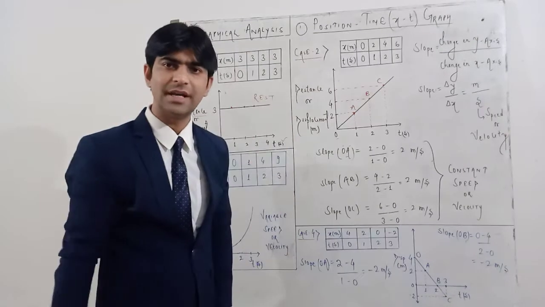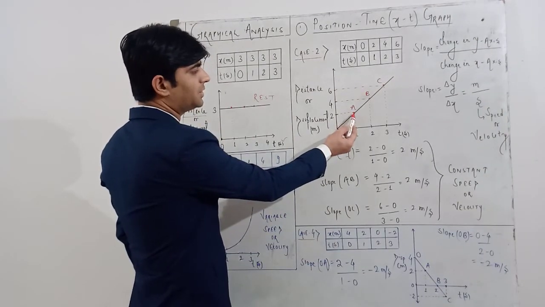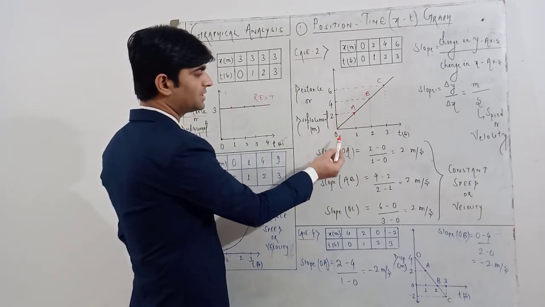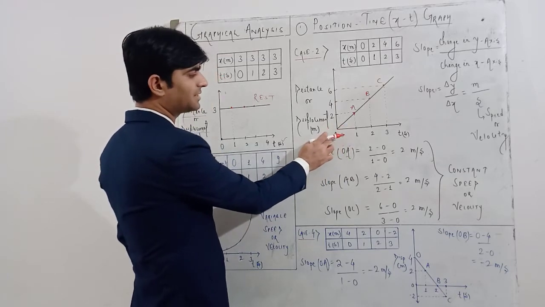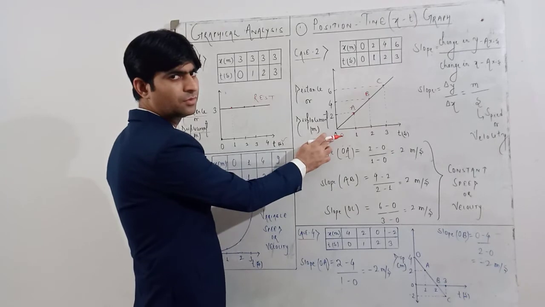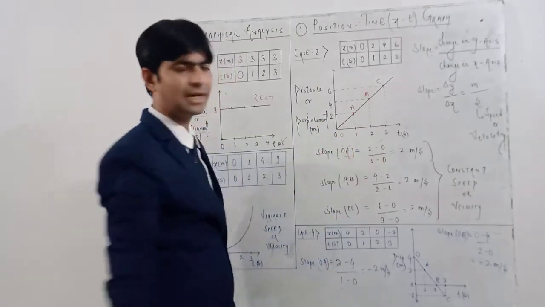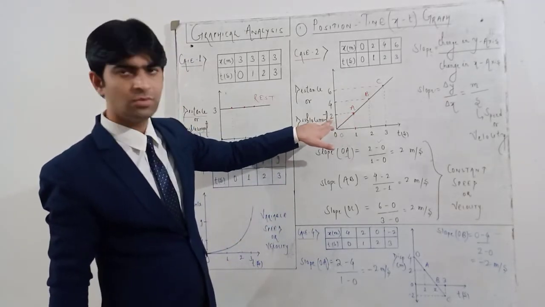Formula is change in y-axis upon change in x-axis. A is the final point. So corresponding to A, what is written on the y-axis? 2.